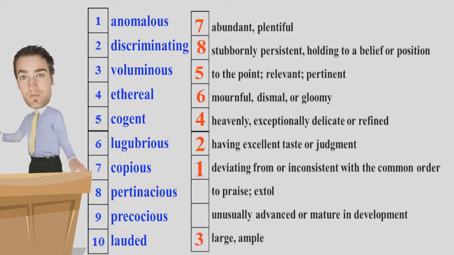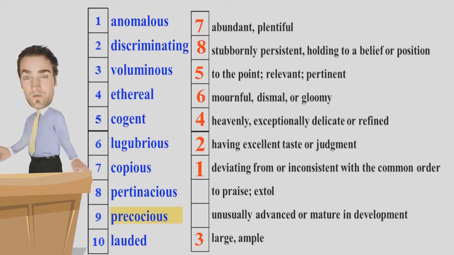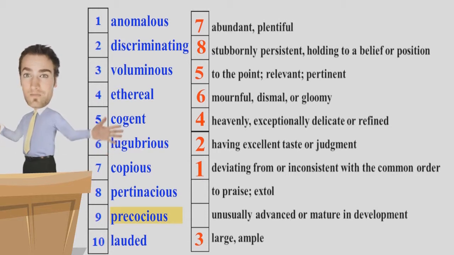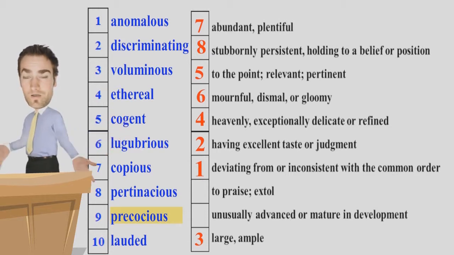Our penultimate, or next to the last word, is precocious. When most people use the word precocious, they mean that somebody is unusually advanced in maturity. You might be precocious at playing the piano. You'll hear, oh, he's only 6 years old and he plays the piano like a professional. He's very precocious.